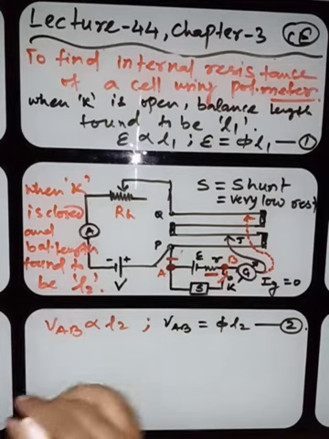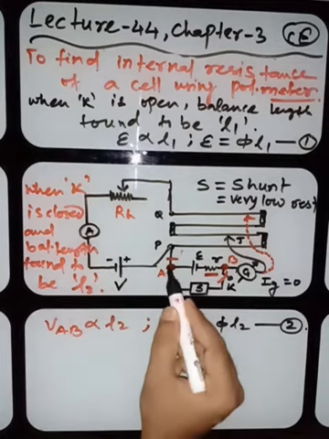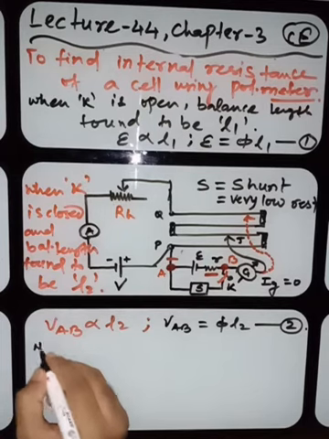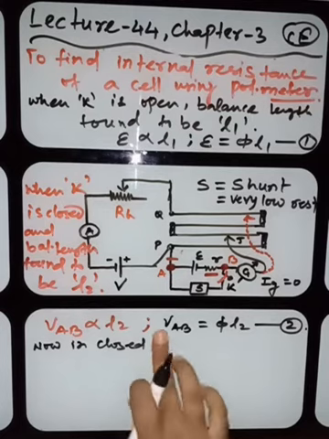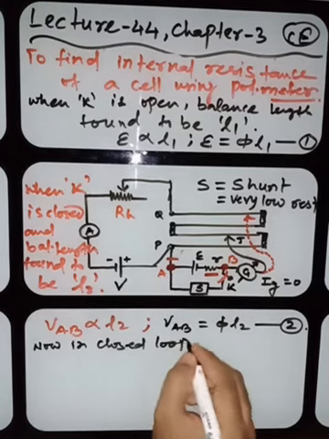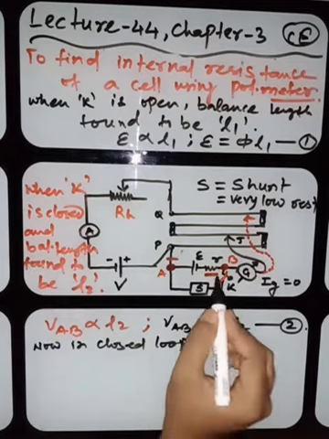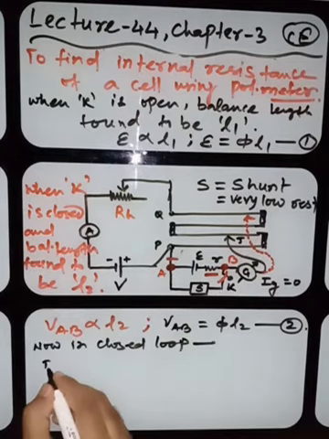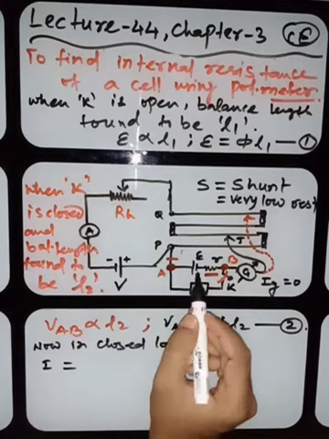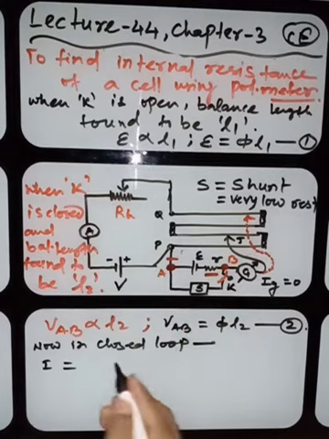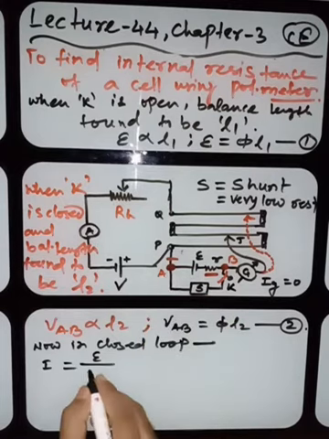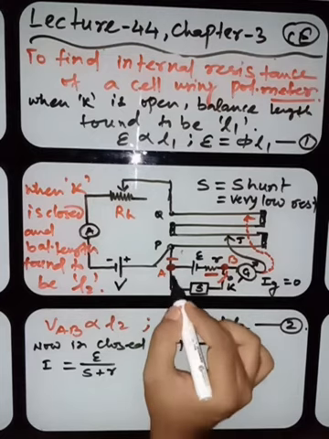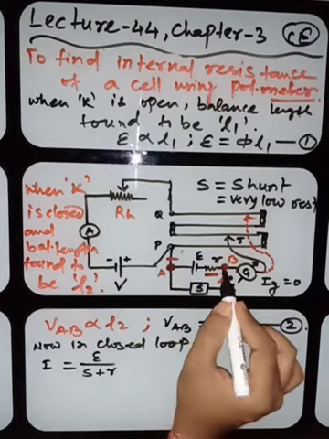Got it? Now come to this closed loop. Look carefully. Could you find the current? Yes, the current is I equals E divided by the total resistance of this loop, which is S plus R. What will be the potential across these two terminals?